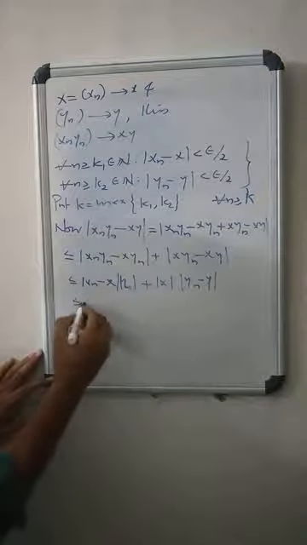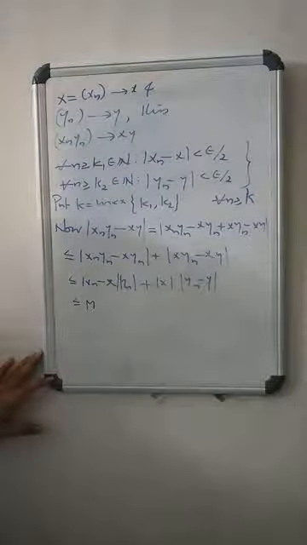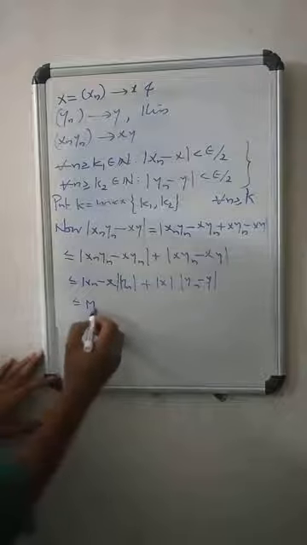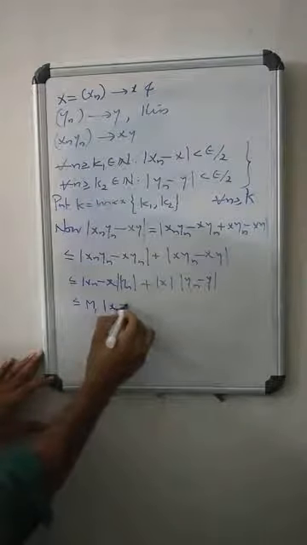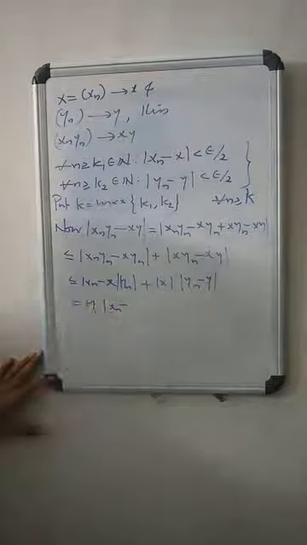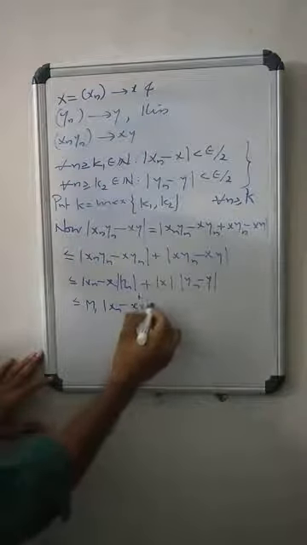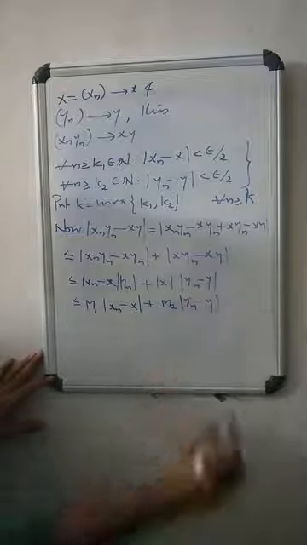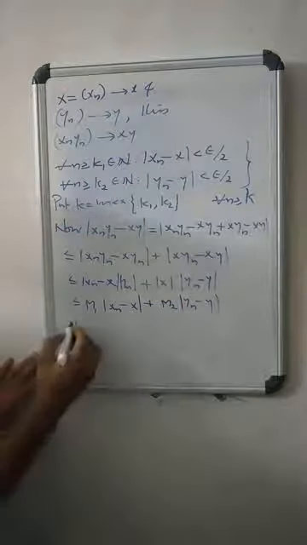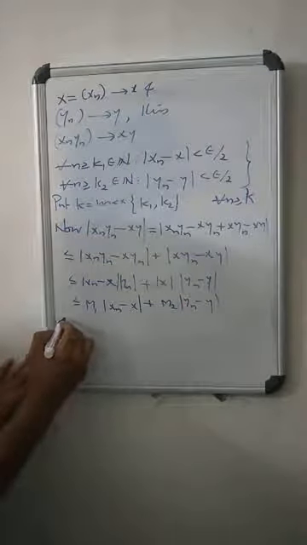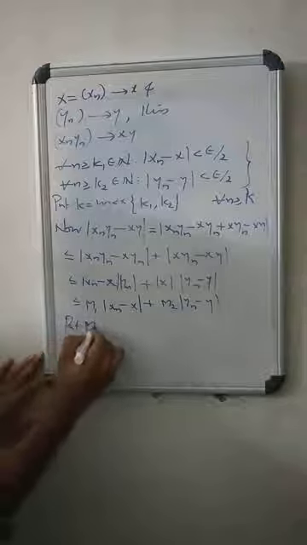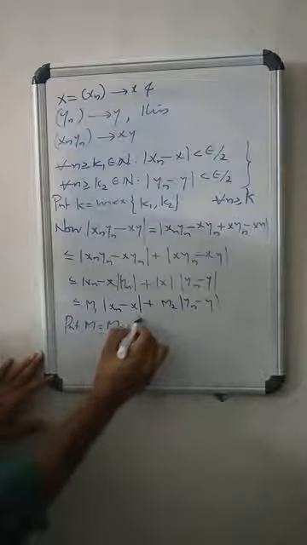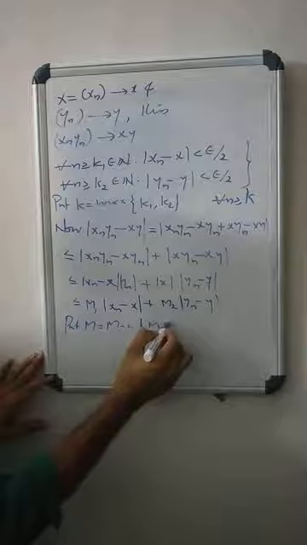Therefore, it is less than or equal to m1 into modulus of xn minus x plus m2 into modulus of yn minus y. Put m equals maximum of m1 and m2.